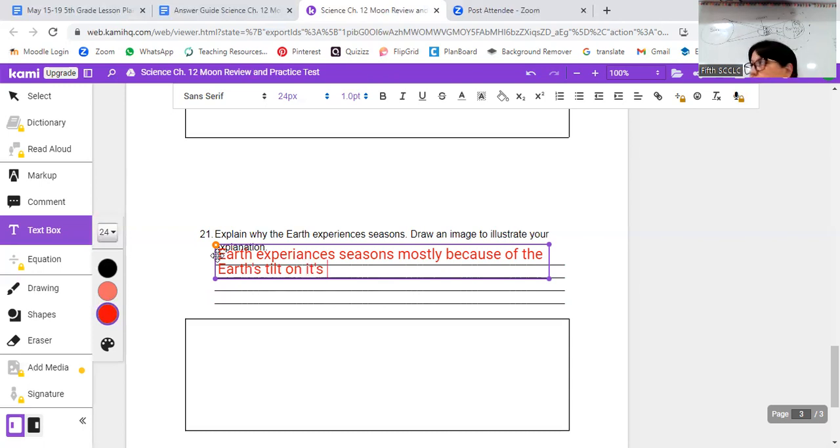Santiago, you have a question? Oh, yeah, sorry. All right, okay. The Earth experiences seasons mostly because of the Earth tilt on its axis as it revolves around the sun, like Genesis said. Okay, so it's the way that the Earth is tilted and where it is in relation to how it's moving around the sun. Yes, Mateo.